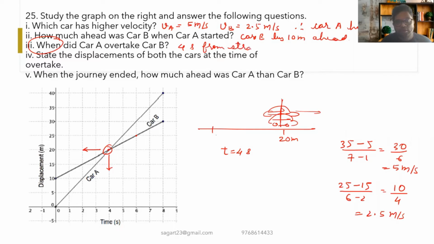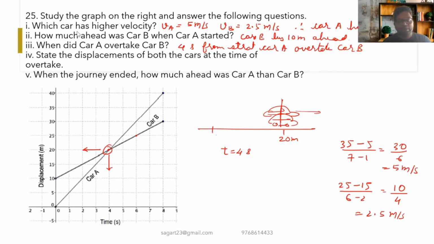I have a question. At 4 seconds, the cars are intersecting. So how can we say that it overtakes the other car? Shouldn't we write 5 seconds to be on the safer side? No, at 5 seconds it has already taken over. It is the fourth second where it is overtaking.